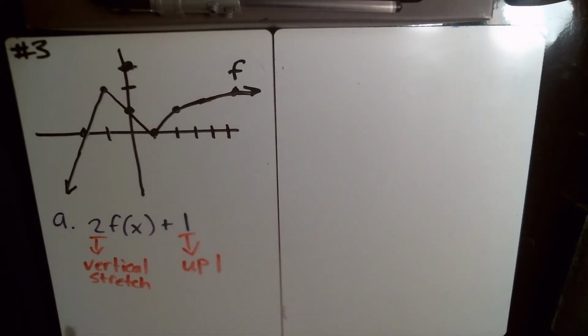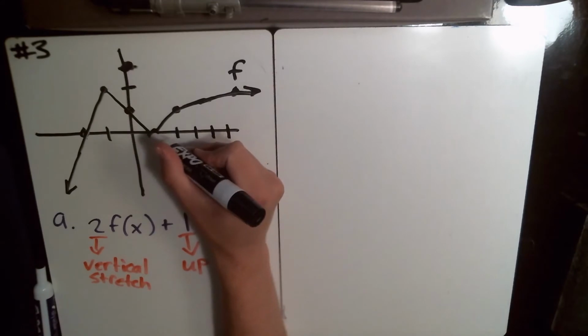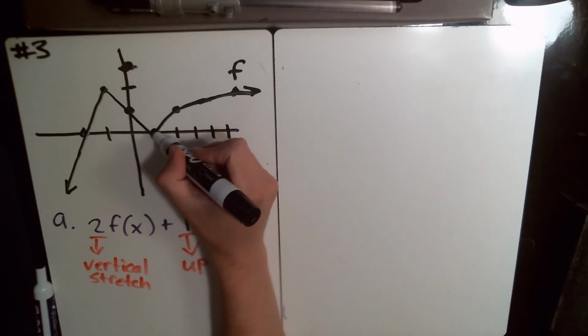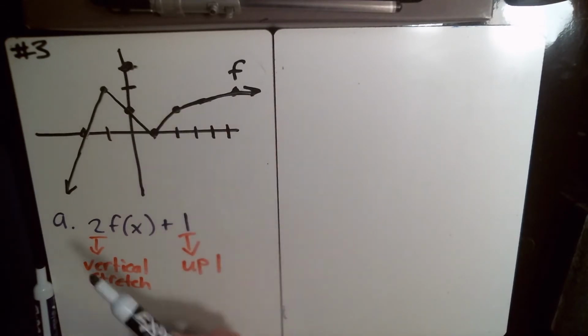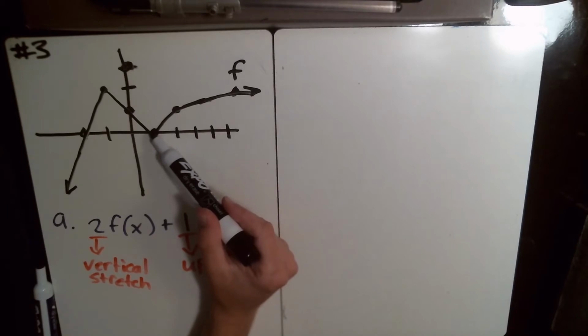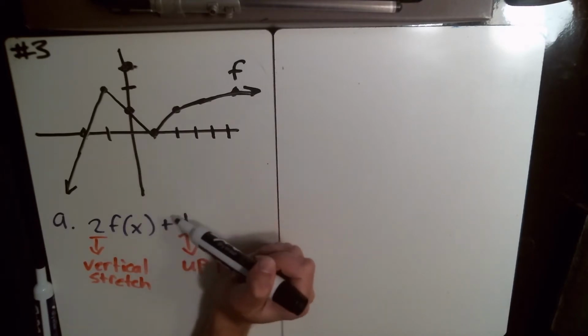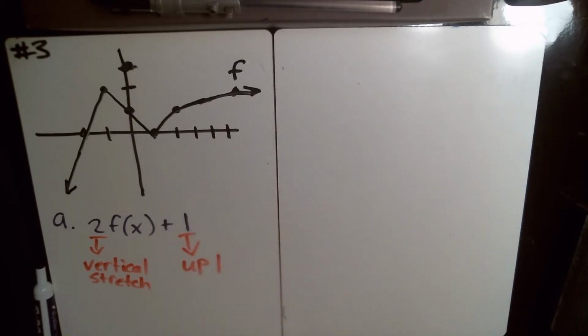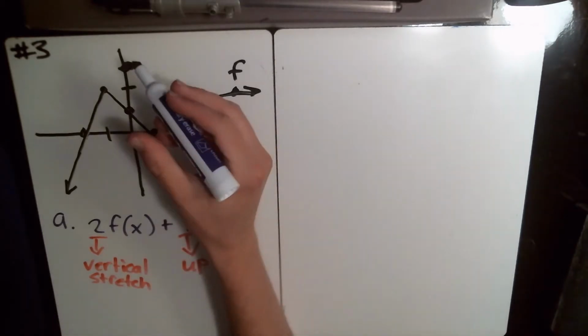Okay, that's where my graph's going to be. Then let's try it here at 1. Where are we going to be at? Well, at 1, f is 0, right? So when I double that, I'm just going to get 0, and then shift it up 1, so we're going to be at 1.